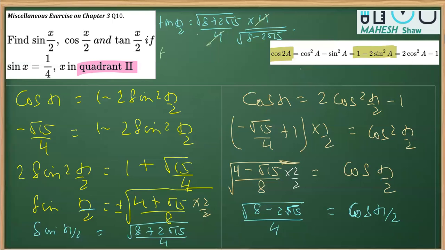So we got the value of tan, right? We got the value of tan x by 2 as it is equal to 8 plus 2 under root 15 divided by 8 minus 2 root 15. Now, later on, you can rationalize this, right? You can rationalize the denominator and that will be the value of tan x by 2.